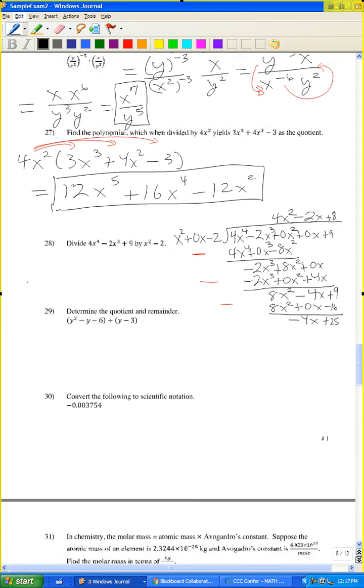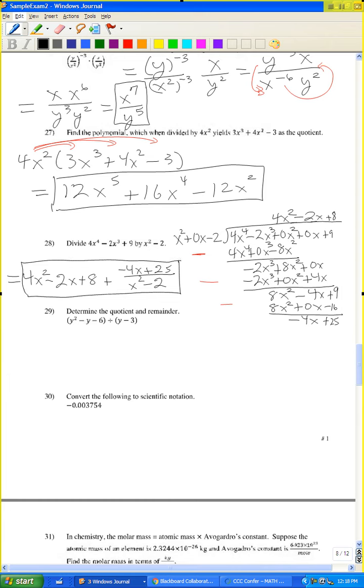Therefore, your answer is 4x squared minus 2x plus 8 plus a remainder of negative 4x plus 25 all over the divisor x squared minus 2. And that is your answer.